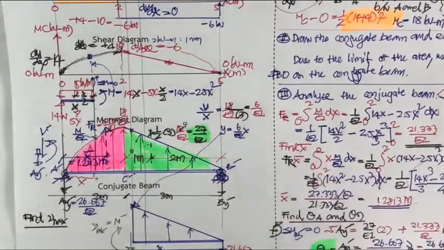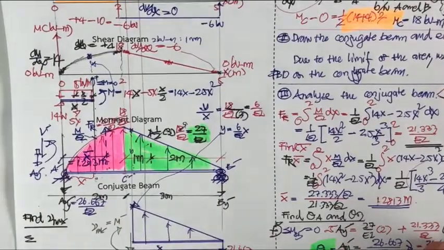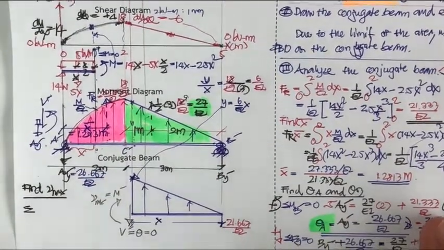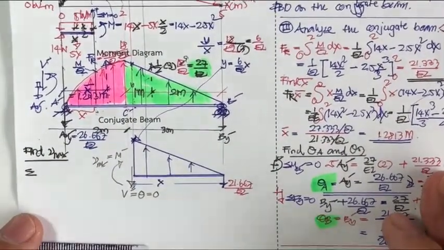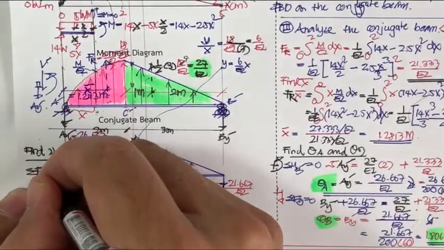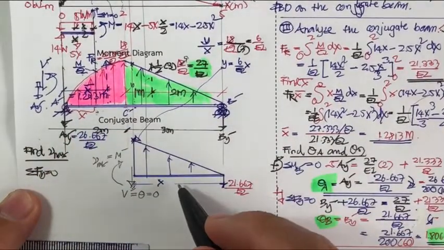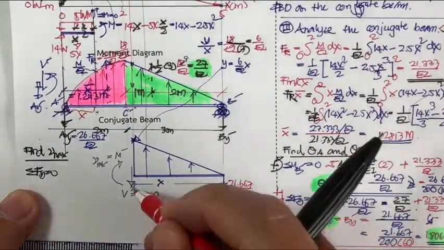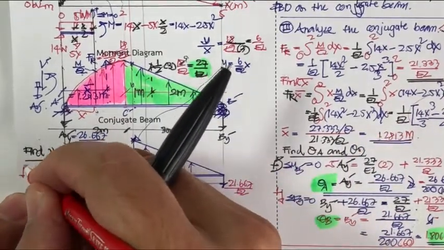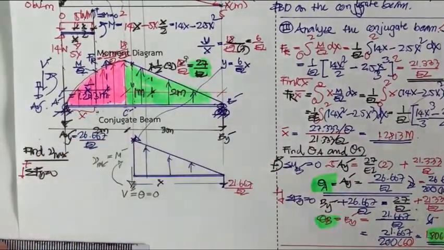When we find V max, we have to find the distance x first, and we do the summation of F sub y equal to 0. Now, what is positive?